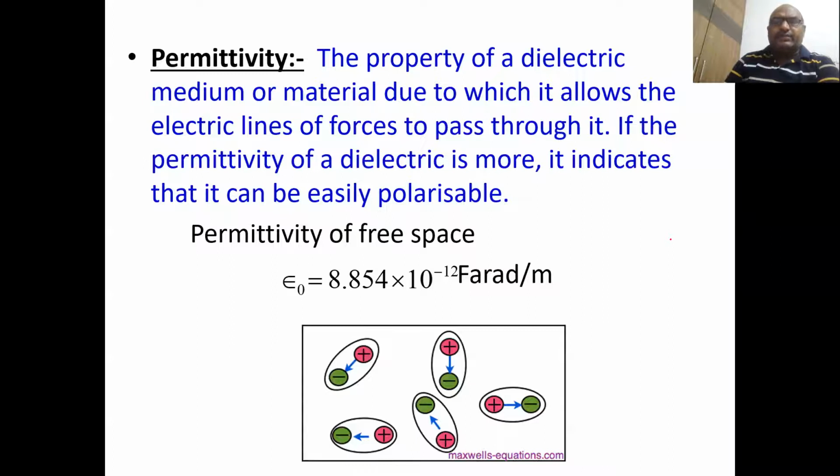The permittivity of free space, epsilon naught, is equal to 8.854 into 10 power minus 12 farad per meter.